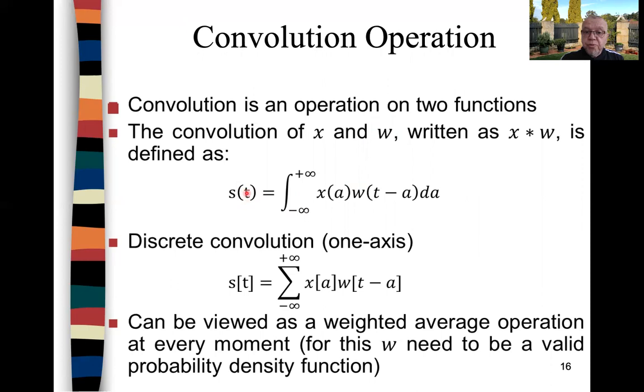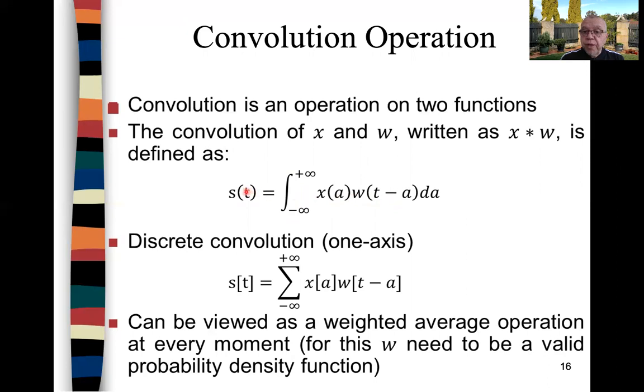For each time t, you take the signal, and then you take your kernel and you flip it. That's why there is this minus a here. You perform some sort of integration between the two, and then you shift.